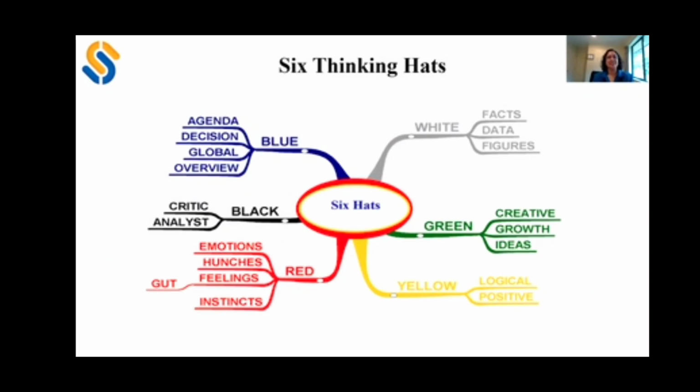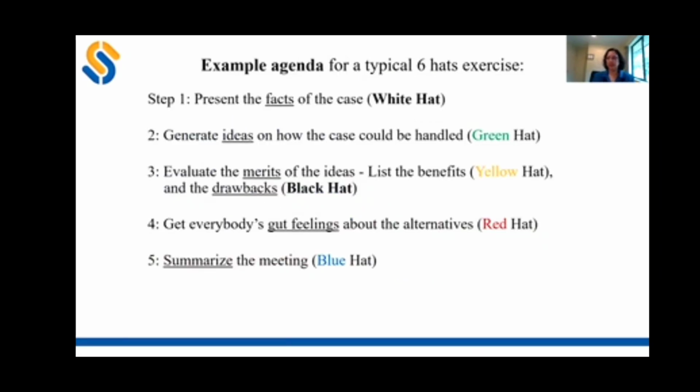Six thinking hats is another fascinating idea, simple but amazingly useful. So it's got these different thinking hats so that you are clear about which mode of thinking you are in. So white hat is for facts and figures, green hat is for the stage, ideation, yellow hat is thinking positively about the idea, red hat is all your gut feeling and how you feel about it, and then black hat is being critical, and blue hat is like an overview.